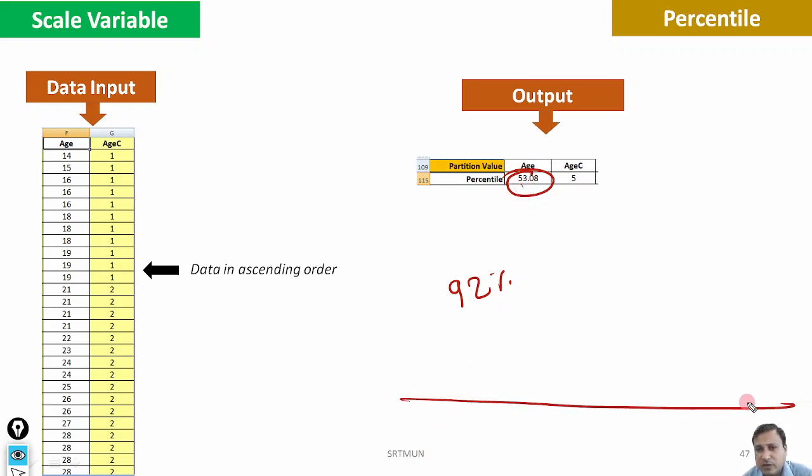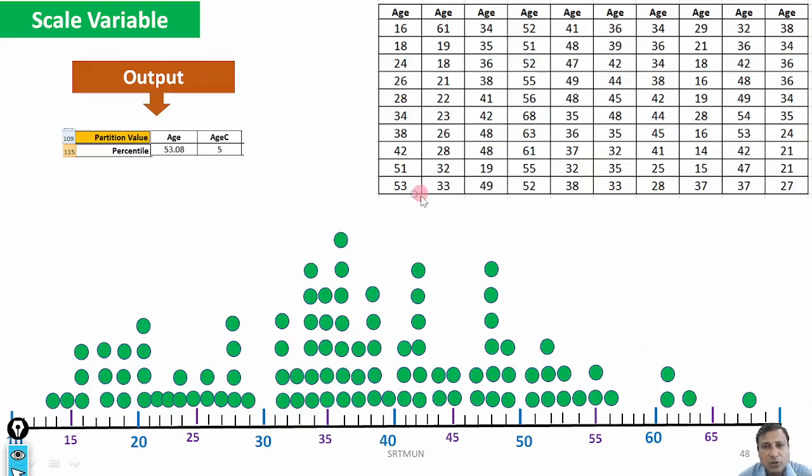Fine. So 53 is somewhere here. Here is 92, that is P92, and here is 53. So 92% of the respondents are less than age 53. This is the way that we can interpret this. Let me again show you where this P92 lies. Where does this 53 lie?